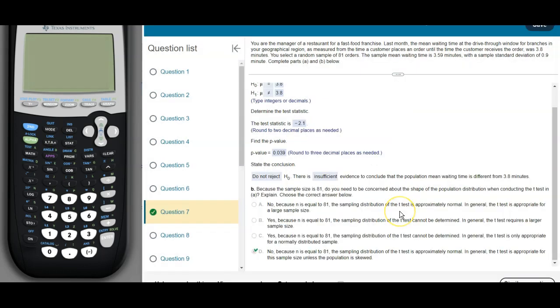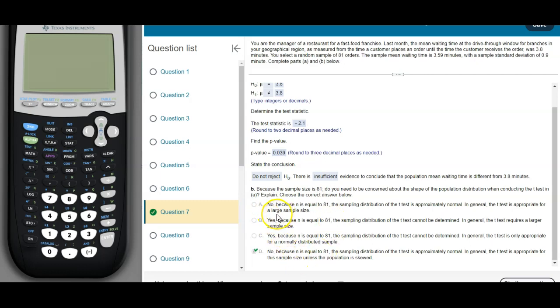And okay, for the last part, we shouldn't be concerned about the shape of the distribution, because the central limit theorem says that if n is greater than or equal to 30, then the t distribution should be almost normal, and that is the case because n equals 81.